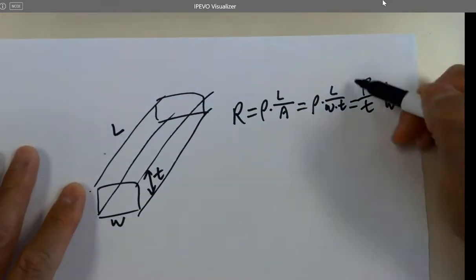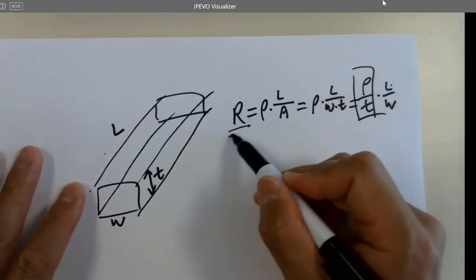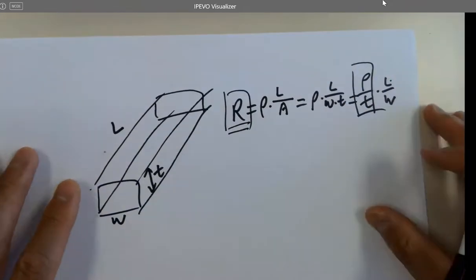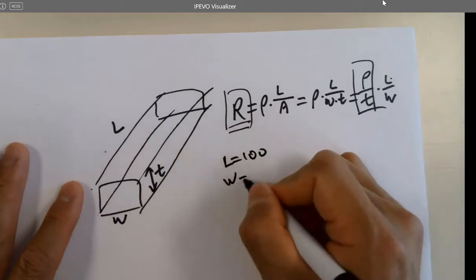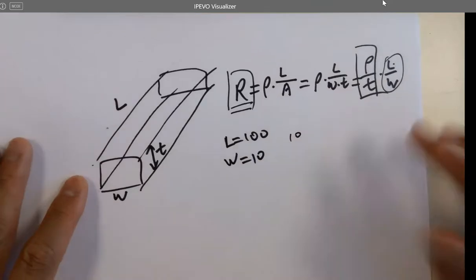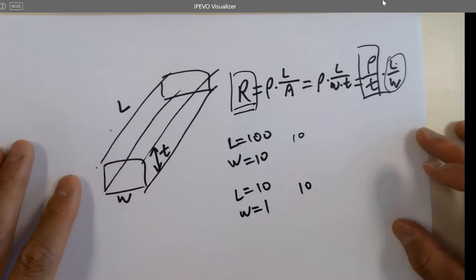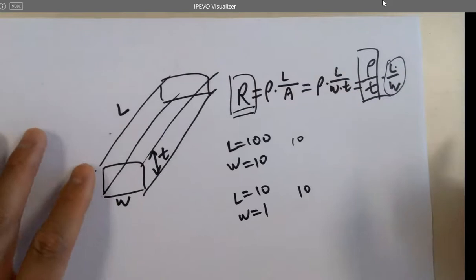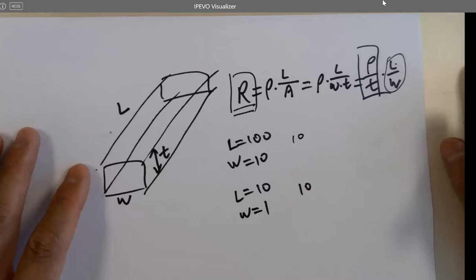So the resistance of the n-well material depends on the ratio of L over W. If you have L equal to 100 and W equal to 10, the ratio becomes 10. And if L equals 10 and W equals 1, the ratio is still 10. That's why it doesn't make sense to make a bigger L and bigger W to get the same resistance. So you want to use the minimum W and then change L to make a resistor.